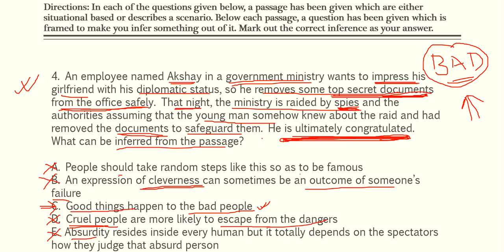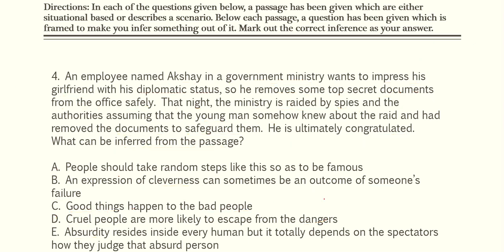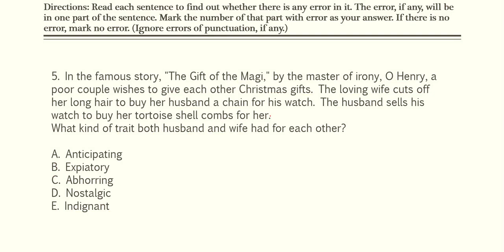He has safeguarded our documents. But no, he's just the opposite. He's an unethical person. So have you understood? Good things happening to bad people. He's being congratulated. Maybe उसको award भी दिया गया होगा, right? But he's an unethical person. So good things happen to the bad people. This one is the correct one. Correct answer. Okay. Now the next one.